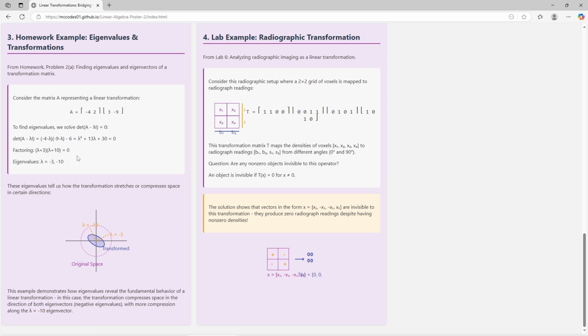And we can think of it more like image stretching, right? Some directions might stretch more than others, and some might even flip, right? If you have ever been trying to deal with Microsoft Word, changing the scale of an image, sometimes it will flip.